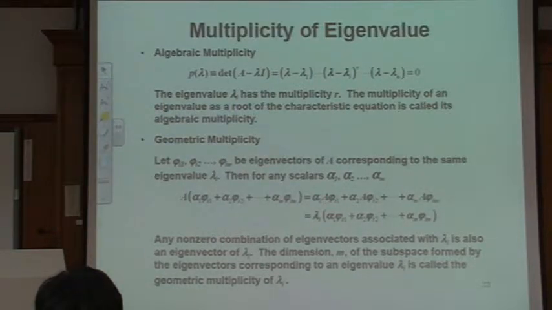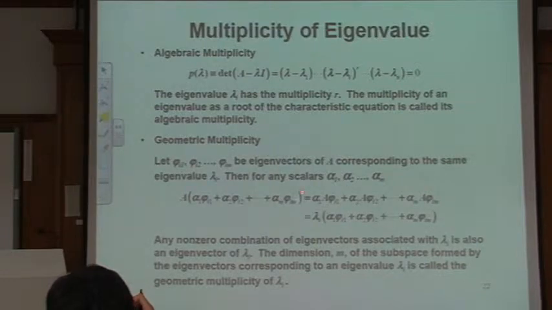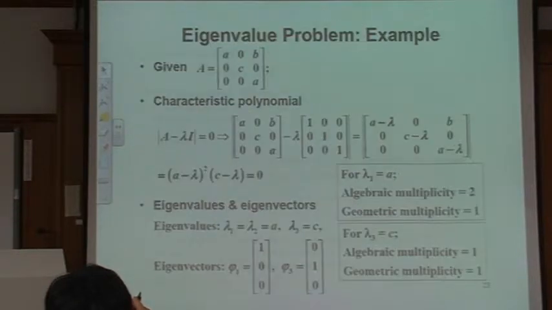So in this case, if we have m different eigenvectors, they are all corresponding to the same eigenvalue. This number m, we call it the geometric multiplicity of lambda I. Let's do the definition. And here's an example to show you these two definitions.